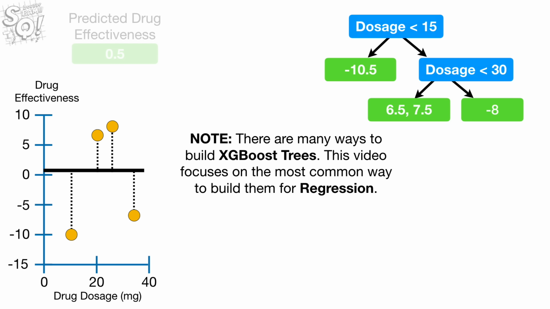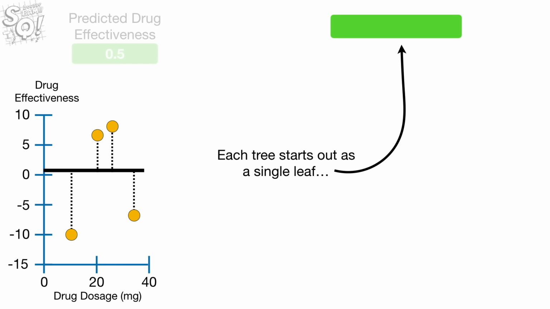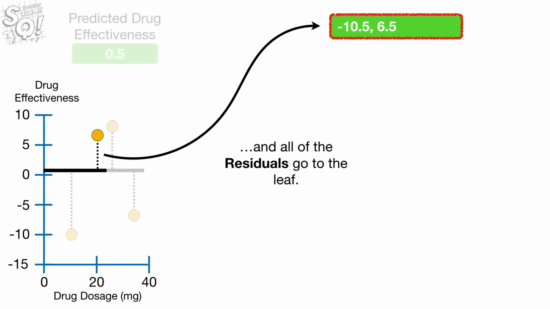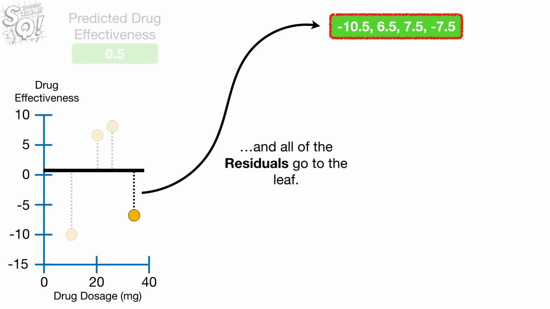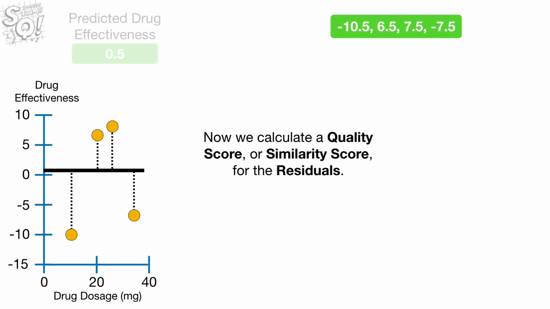Note: there are many ways to build XGBoost trees. This video focuses on the most common way to build them for regression. Each tree starts out as a single leaf, and all of the residuals go to the leaf. Now we calculate a quality score, or similarity score, for the residuals.